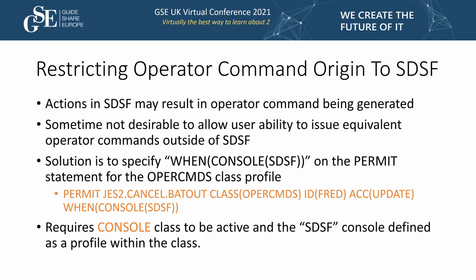So you might say, right, okay, I only want to allow someone to do this operator command if they are in SDSF. It's sometimes not desirable to allow users outside of SDSF to issue an operator command. So there is a simple solution.